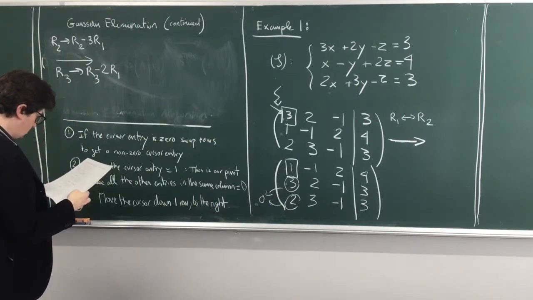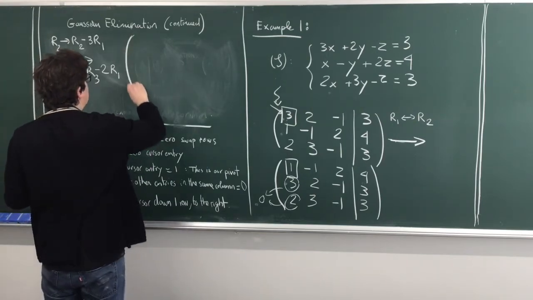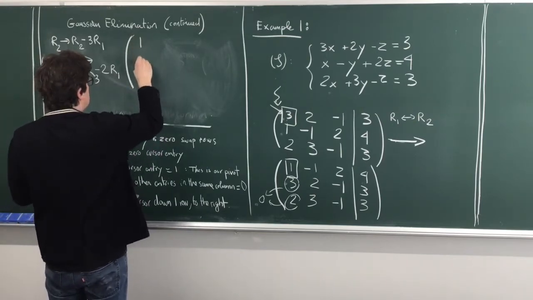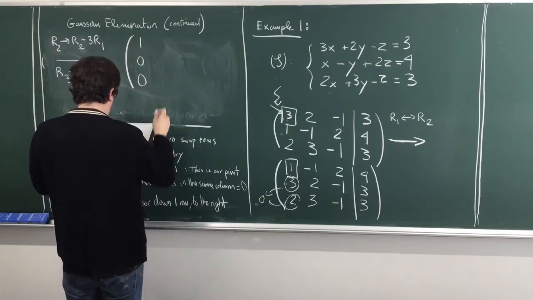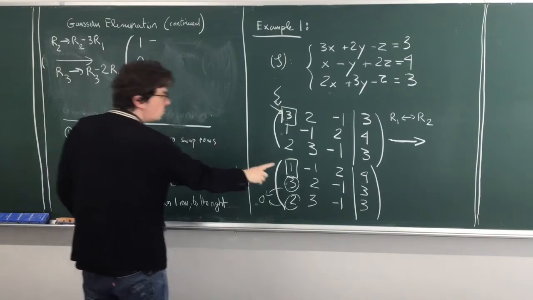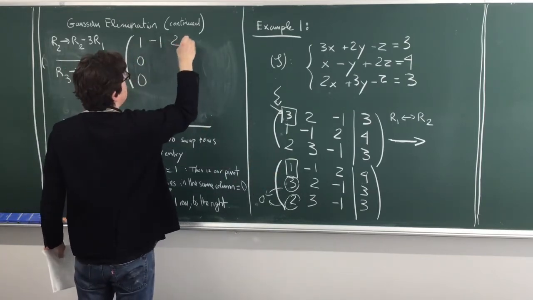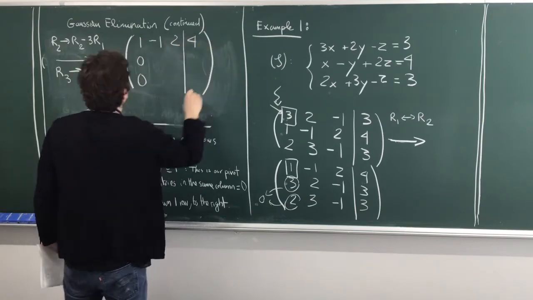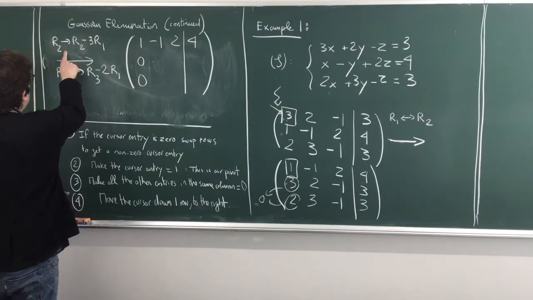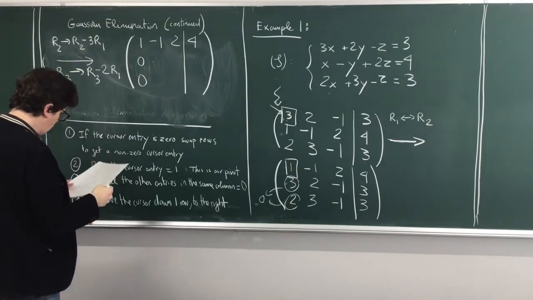Okay. So if I do these 2 operations, I should get the following matrix. Please check that I'm not making any mistake. So the first row is unchanged: 1, minus 1, 2, 4. Here I'm doing row 2. Row 2 is transformed to row 2 minus 3 row 1.